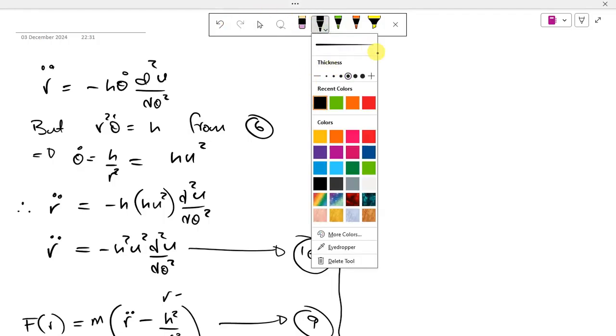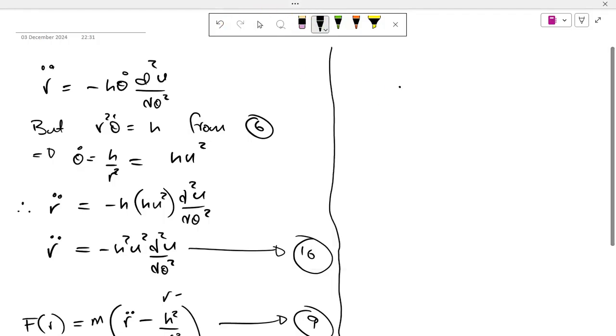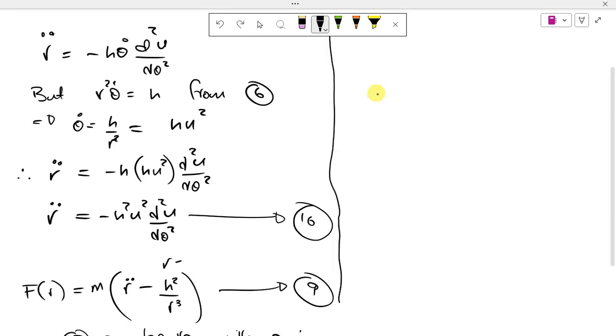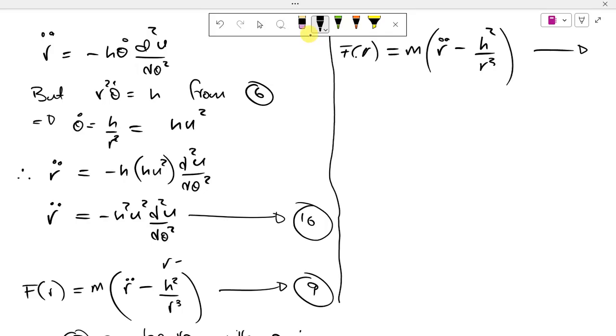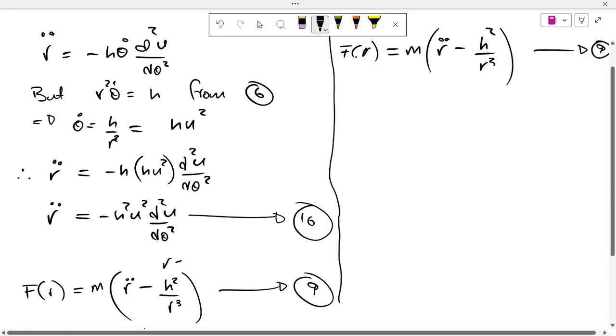let me see, f of, well, we know that f of r is equal to m times r double dot minus h squared over r cubed, right? So we've just written that down. That's equation 9, which I'm going to write here again.